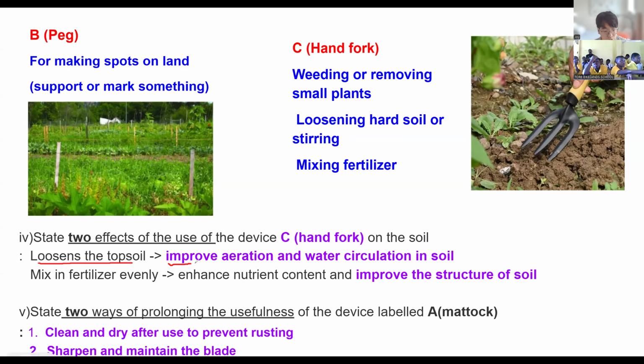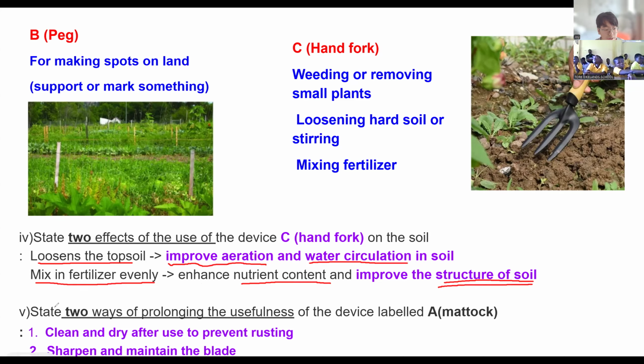It improves aeration, meaning that air can go through the soil better, and there will be a better water circulation in the soil. Another effect is that it mixes in fertilizer evenly. So by shuffling around the soil with the hand fork, it enhances nutrient content and improves the structure of the soil as well.